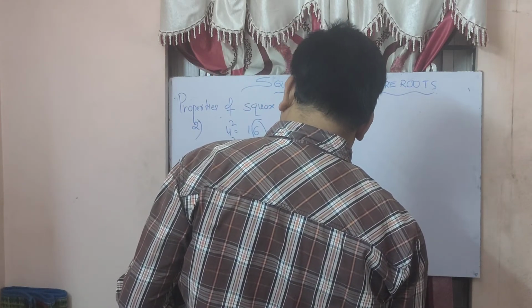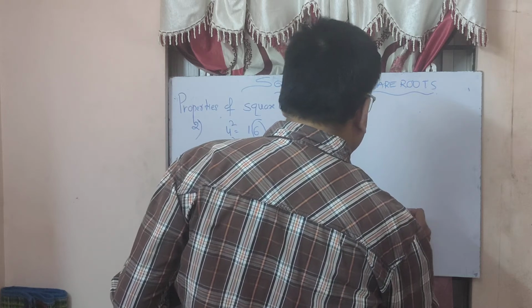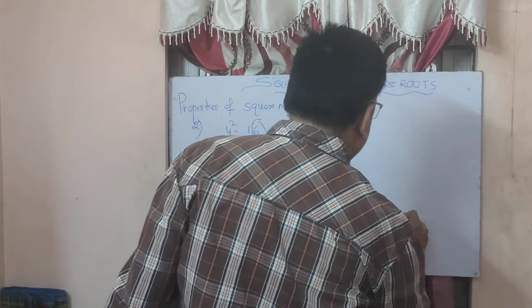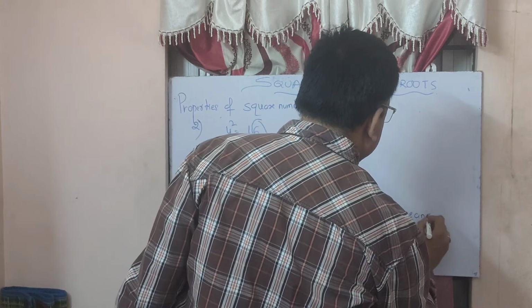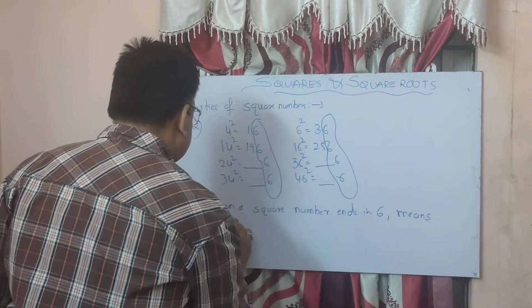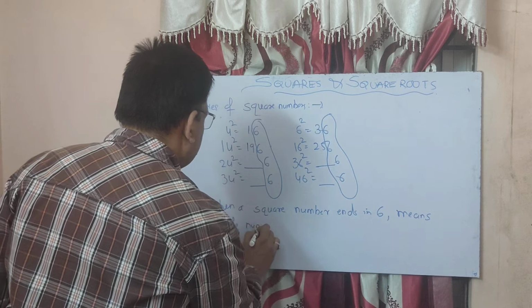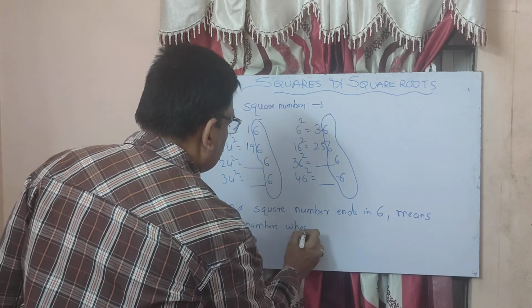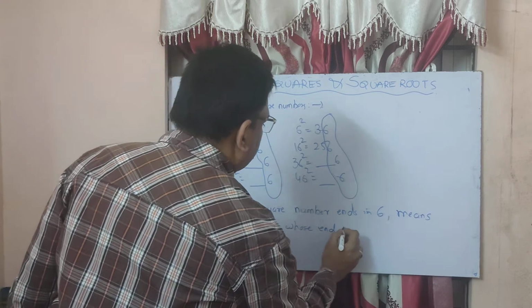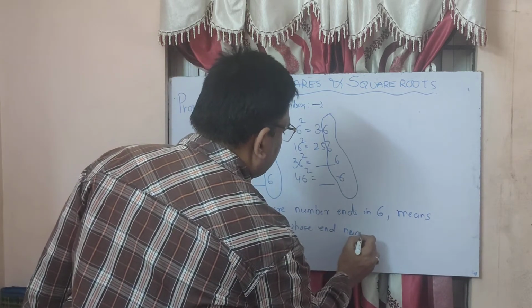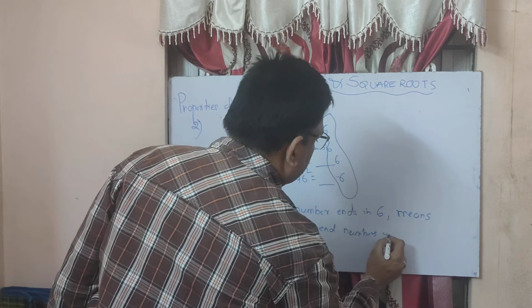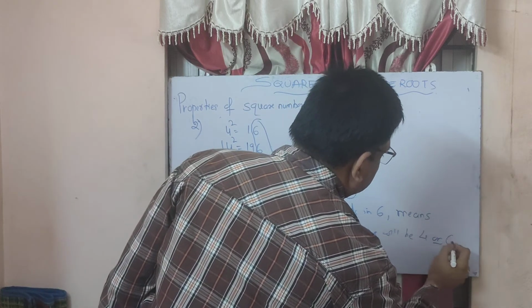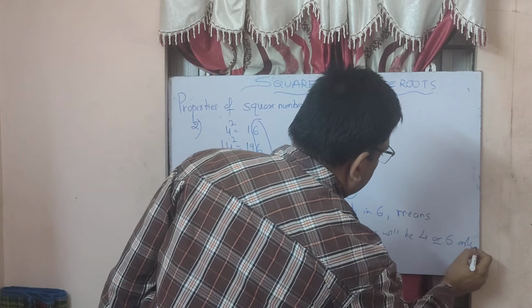The numbers whose square it will be, the numbers must be the numbers whose end numbers will be 4 or 6 only.